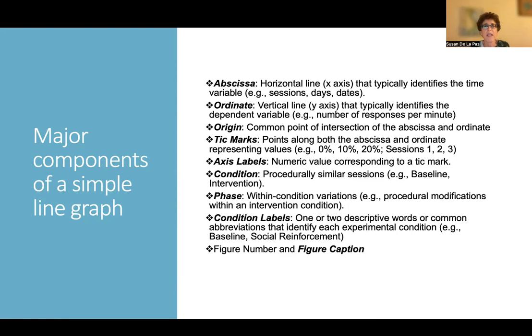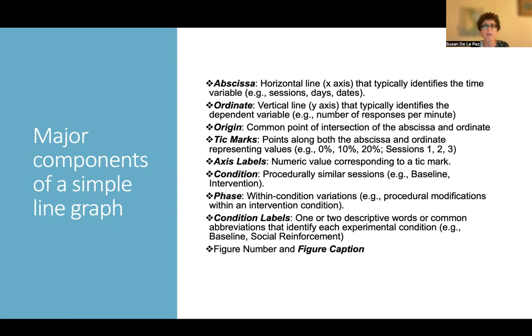The abscissa is the horizontal line, the x-axis, and it's identifying a time variable, for example, the number of sessions, days, or dates. The ordinate is the vertical line or the y-axis, and that is typically the dependent variable, for example, the number of correct responses per minute. The origin is the intersection of those two.